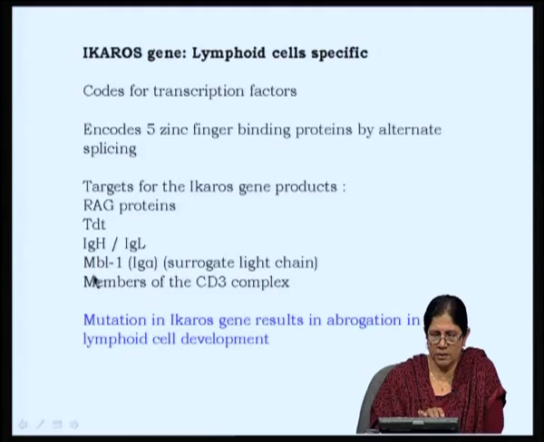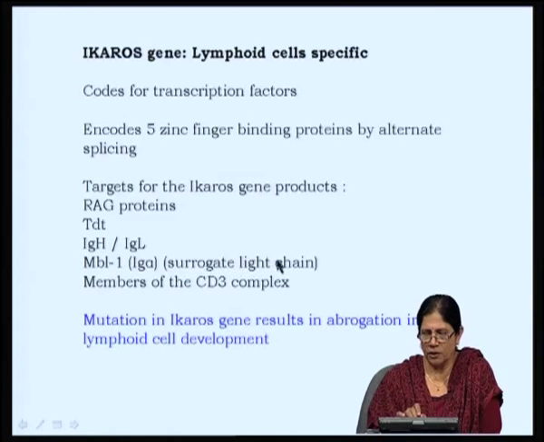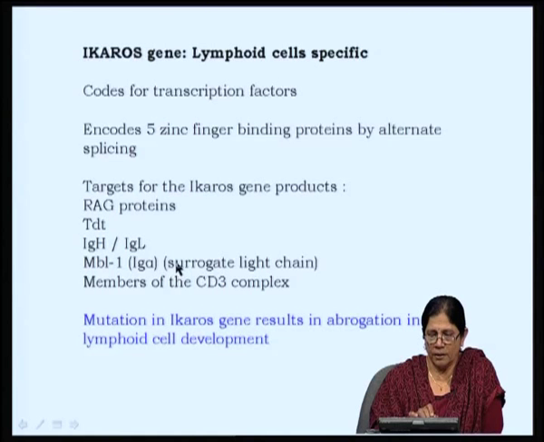Another target is MB1, immunoglobulin alpha. Remember, this is the immunoglobulin alpha, which is present as a co-receptor. Sorry, this should not be there, not surrogate light chain, but the co-receptor for the antigen receptor.